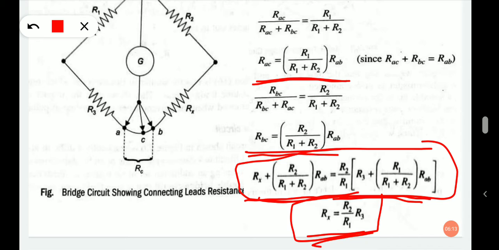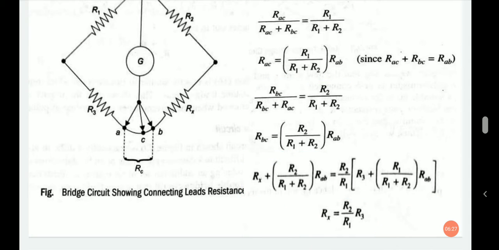So the final equation is Rx equals R2 upon R1 into R3, and this equation is exactly similar to the previous equation in the case of the Wheatstone bridge, which represents the balanced equation of the Wheatstone bridge circuit.